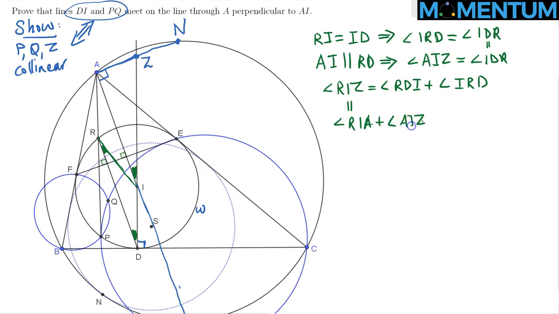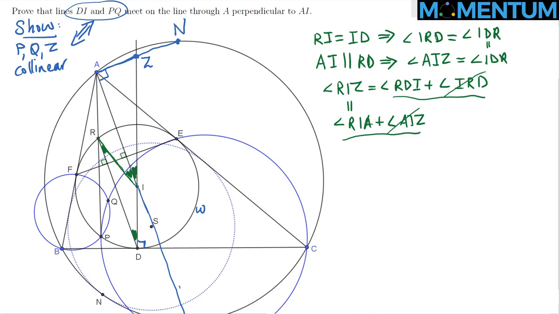But then suddenly you just realize that these two measure the same. However, we have already established that, for instance, DRI is congruent to AIZ, suggesting that RDI and RIA measure the same thing. So that's also a green angle over here. Aha.